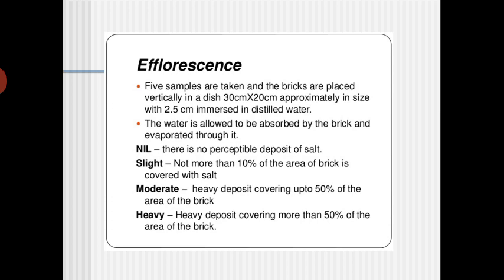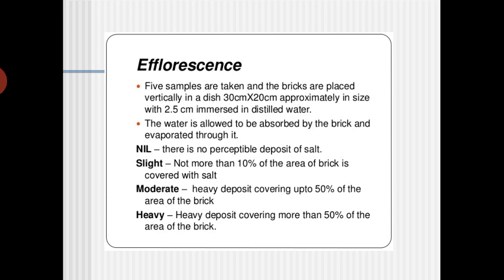Then you report it as slight if not more than 10% of the area of the brick is covered with salt. What you have to do is take the brick, find out its dimensions first, and find out its area.